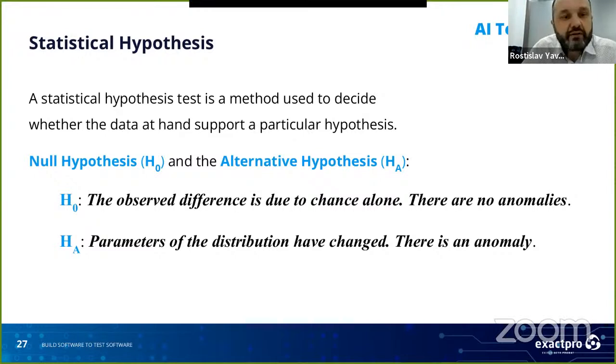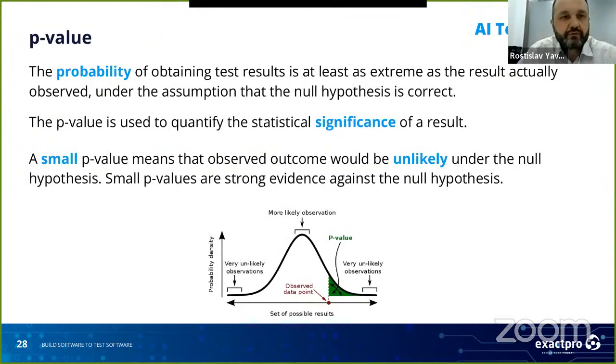So once you define these two hypotheses, there are different tools to measure how true the first or second hypothesis is. The first very important characteristic of your data is called the p-value. It's really important, probably the most important notion in this area. It's widely used by statisticians and in different applications.